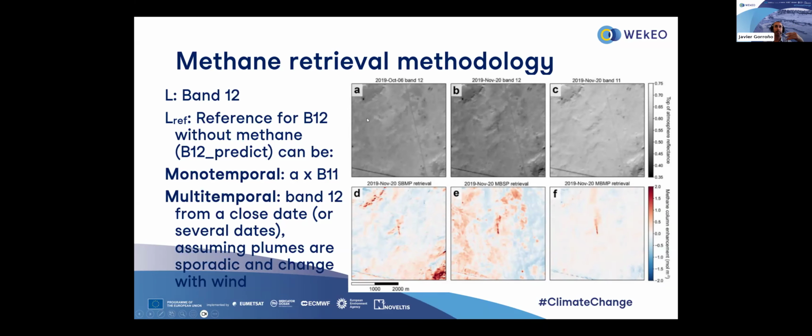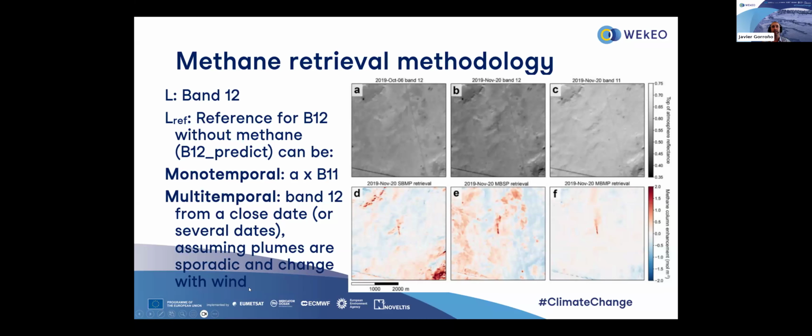And here you've got the panels A and D, where you see the result you get with this approach. You can see a bit in the center the emission, but not so clear. And it's as soon as we start to bring a radiance reference that is not just band 11, but is band 12, let's say, from a close date or several dates, and we normalize by that, assuming always that the plumes are changing with the wind direction and are not overlaying temporally, you can find much better results like the panels E, especially F, that you can find here.